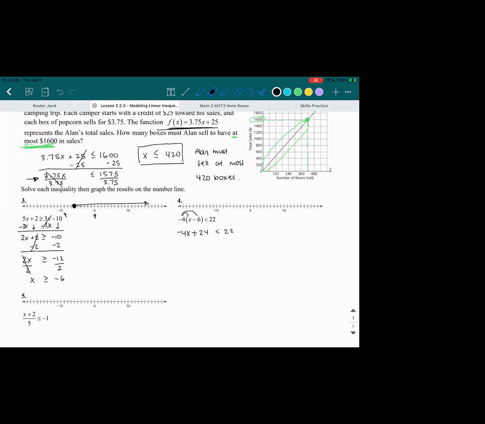Right now we only did it on one side, so the symbol stays the same. So we have -4x plus 24 is less than 22. Now we can subtract 24, and then that gives us -4x, cancel that out, is less than -2.